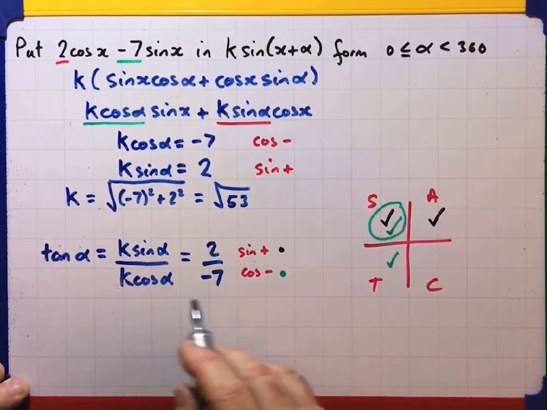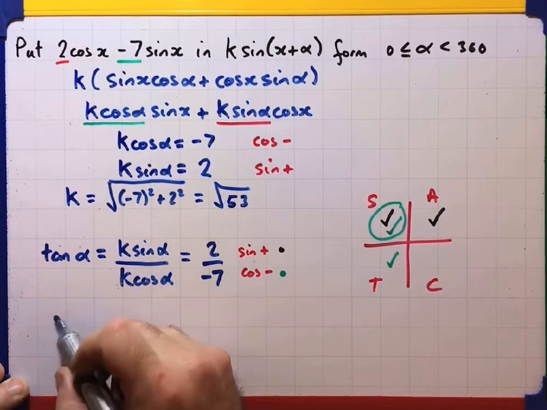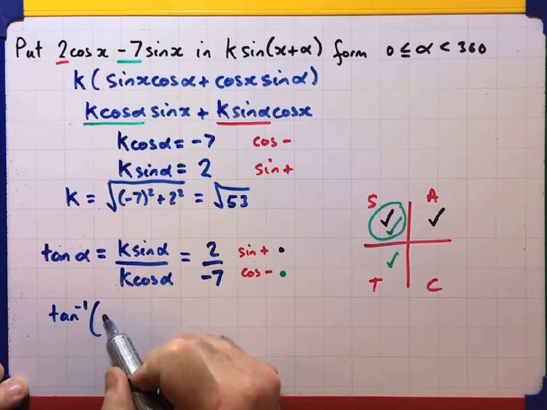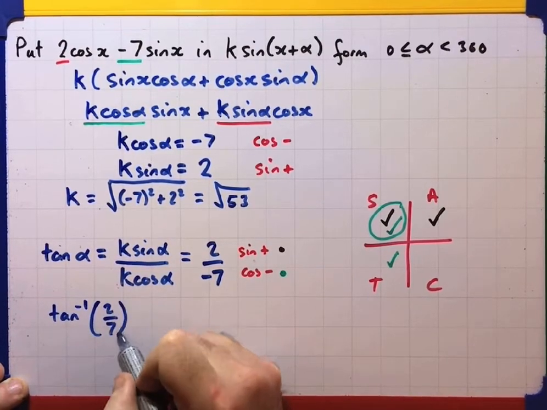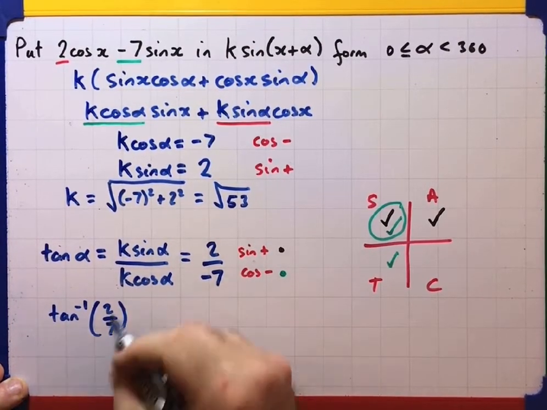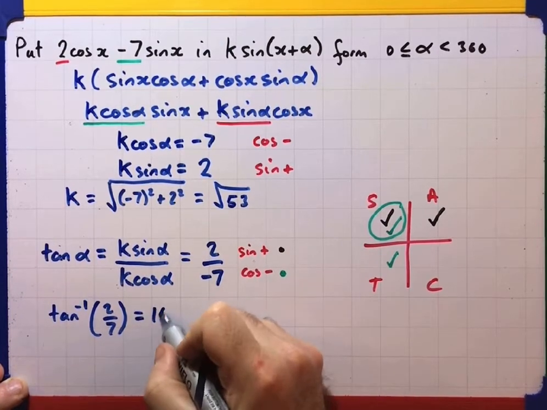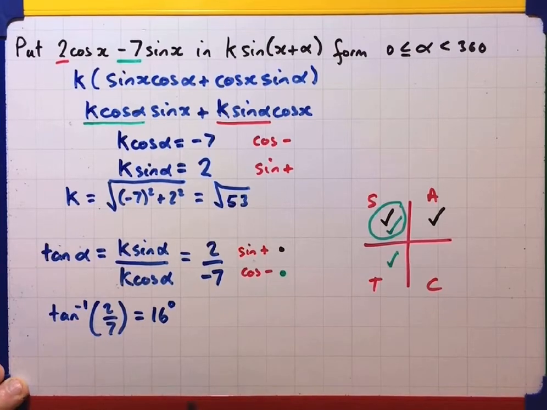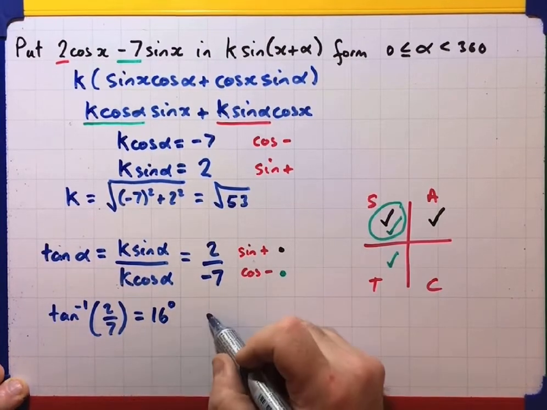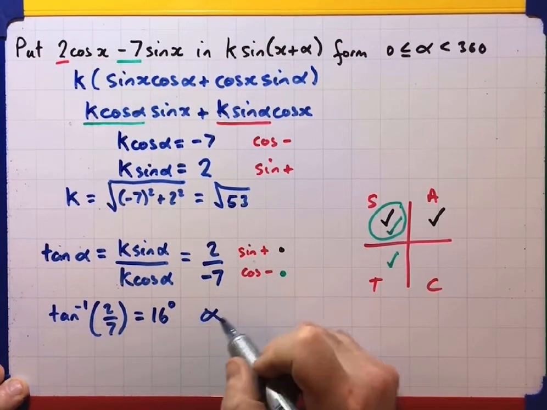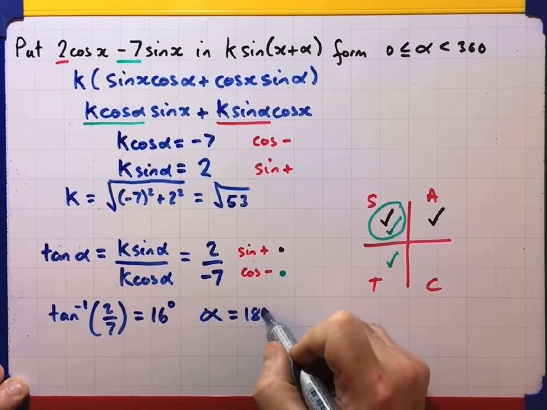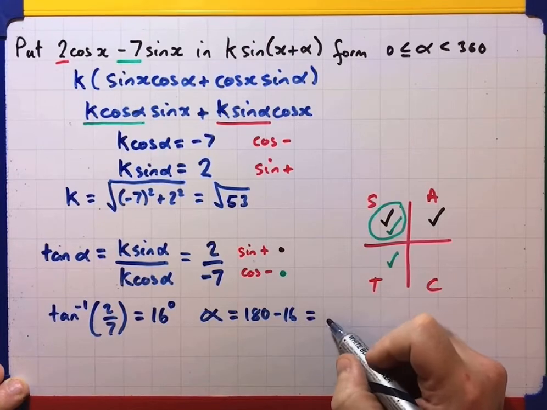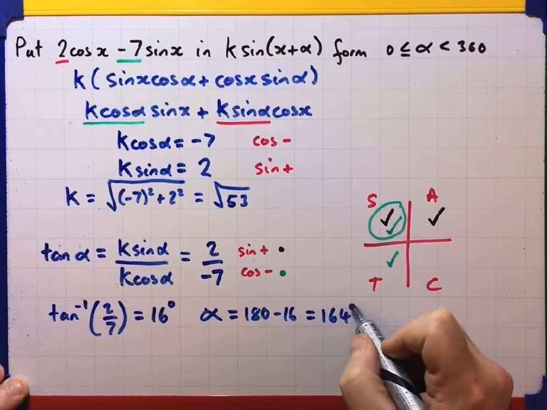Okay, so if we look at that, first of all, I'm going to do inverse tan of 2/7. Remember, ignore the negative to start off with. That gives me about 16 degrees. Okay, but we've said it's got to be second quadrant, so the angle we actually want is going to be 180 minus 16 degrees, which is 164 degrees.